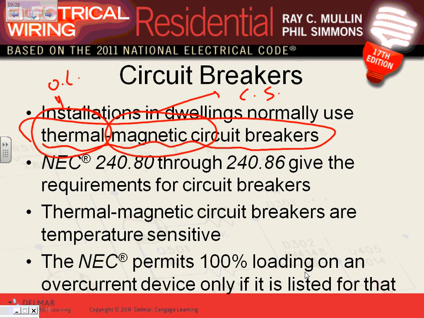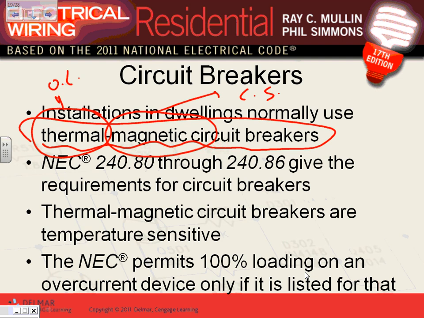Your current goes through it and they expand at different rates. So if you overload the circuit breaker, these will expand and move away from each other to push the contacts to open the circuit breaker. That's the thermal part. The short circuit, guys, has some type of a coil. If you put current inside this coil, it creates a magnetic force that immediately pushes the contacts open. That's where the magnetic part came to be.